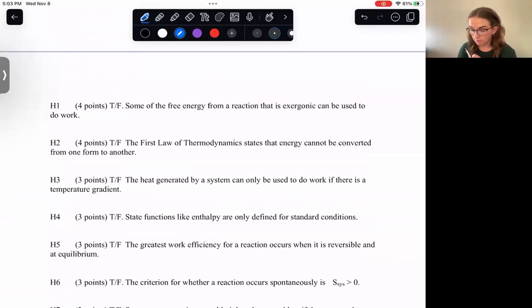Alrighty. Starting with homework 1, for question 1, we're going to start with our true false. We have: some of the free energy from a reaction that is exergonic can be used to do work. Can someone tell me what exergonic means before we even answer that question?